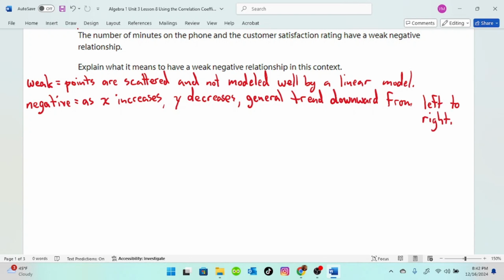Now, we need to take these individual general descriptions and turn them into an explanation of what it means in this specific instance.